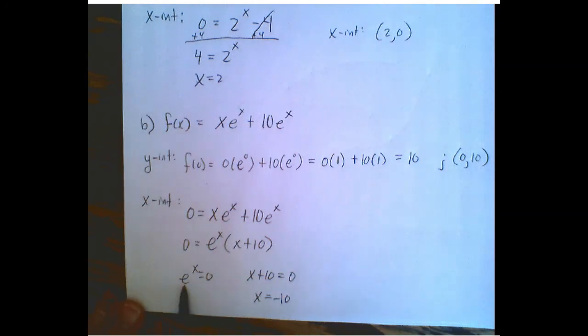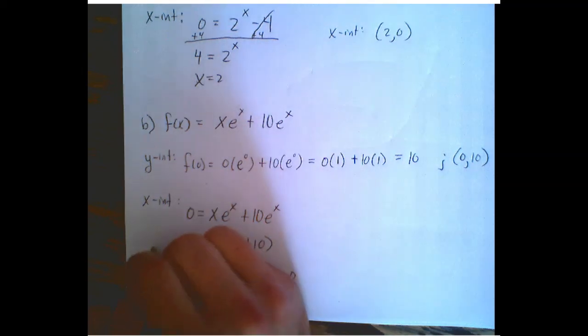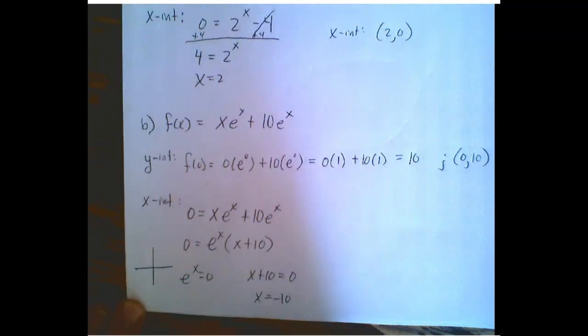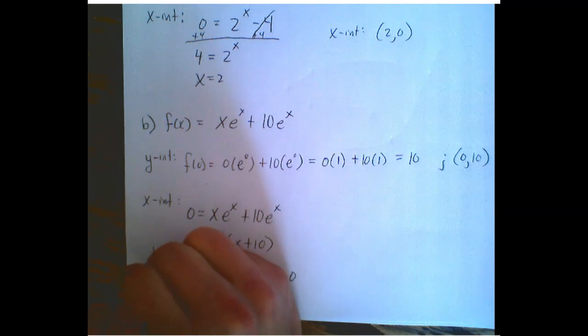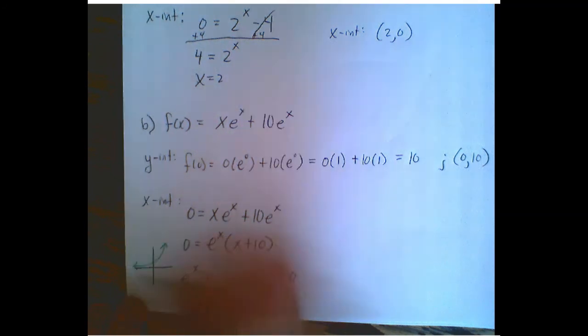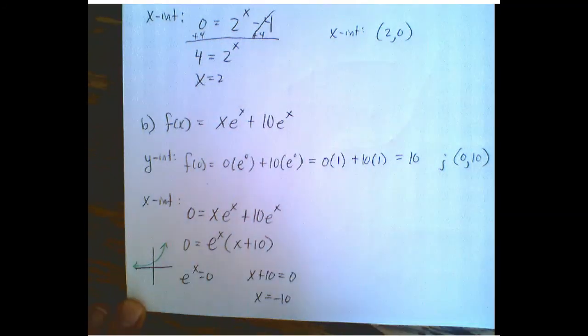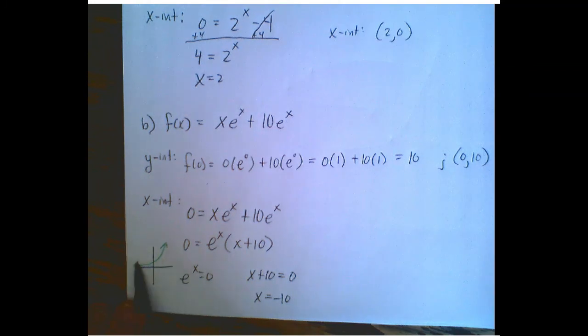Now how about this guy? E to the x equals 0. If we think about it, this is a basic exponential function. If we consider the graph of e to the x, the graph of any basic exponential always has this kind of shape to it. Is this function ever going to hit 0? That means, is it ever going to cross the x-axis?